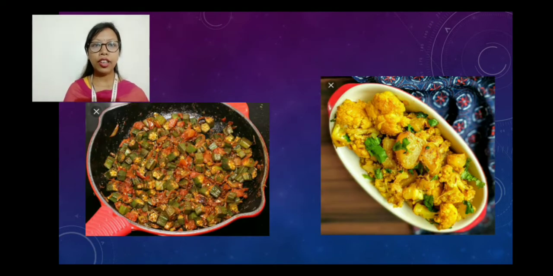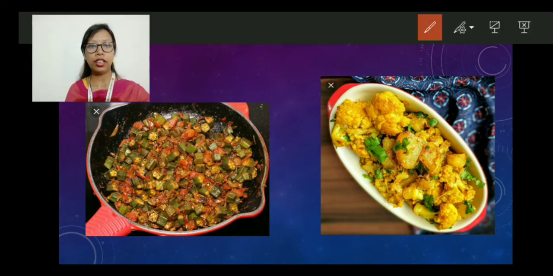Now as you can see on the screen here, I have two items. On your right side we have the lady's finger sabji, and here we have the cauliflower and aloo sabji, potato sabji, right? Now lady's finger is also a vegetable. We cannot eat lady's finger raw.